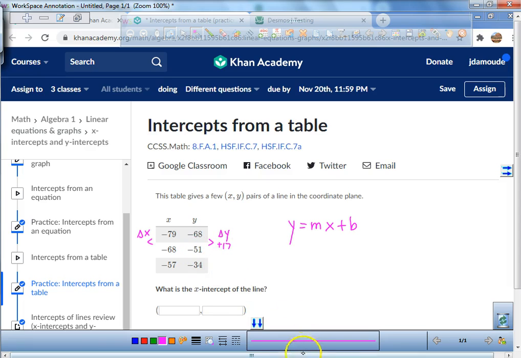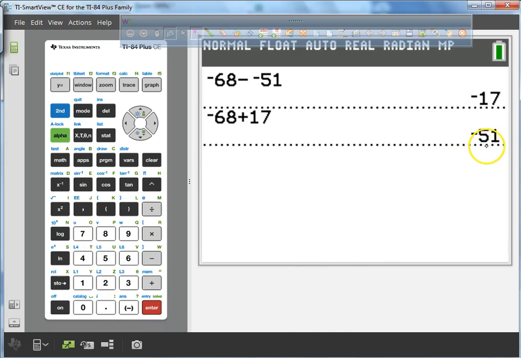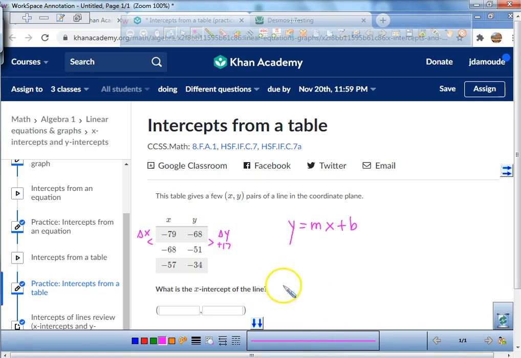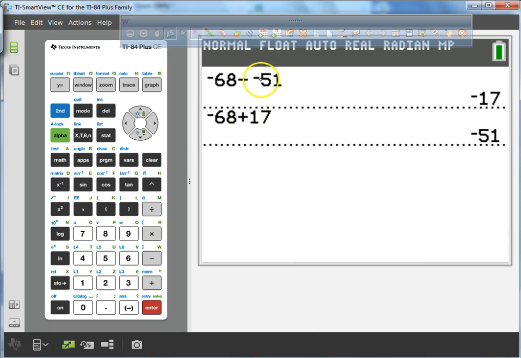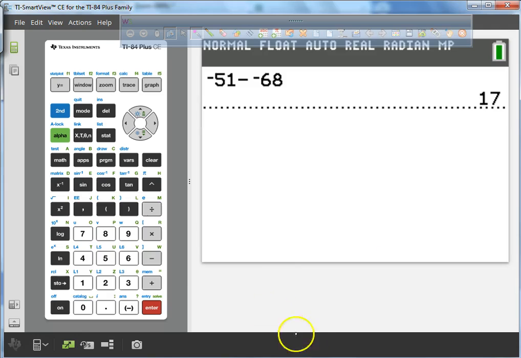If I have negative 68 and I add 17, that's how I get negative 51. That's why I put a plus 17. Basically this one I did backwards. I should have done negative 51 minus a negative 68. My apologies, but that's how I got to a 17.